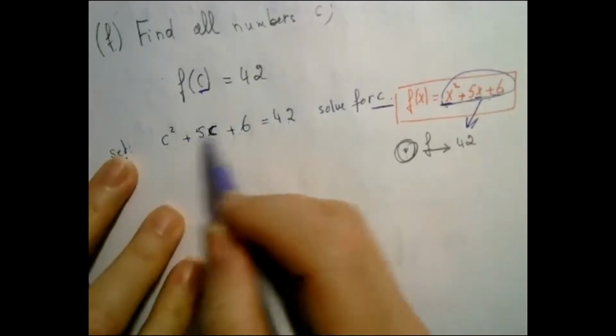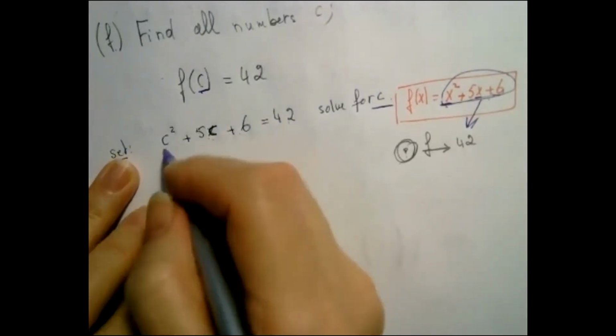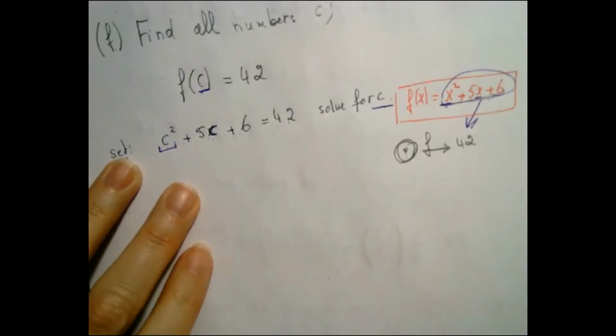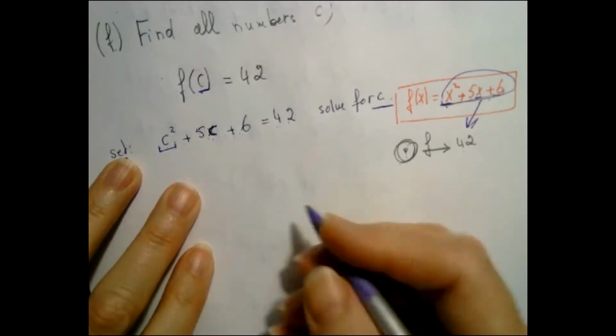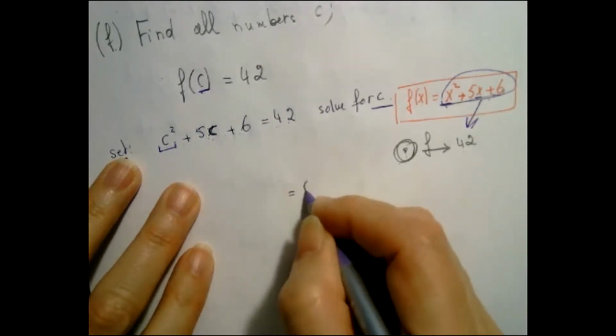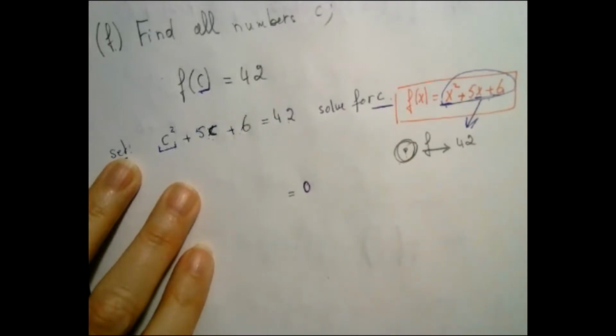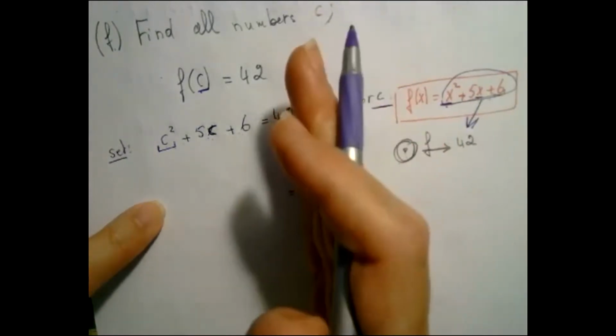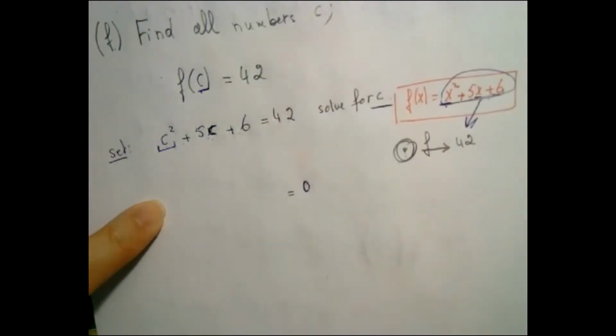All right, if you look at this, of course, I'm reminding you, that's a quadratic. It means you have c squared. The way we solve this is we rewrite, so we only have a 0 on one side. All right, that's the first step. So we're going to manipulate, so we have only 0 on one side, and then we're going to factor.